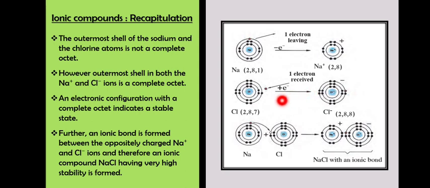See here, 1, 2, 3, 4, 5, 6, 7. So here 1 electron is missing. So 1 electron will be received by the chlorine atom and it will become Cl minus. Why minus? Because 1 electron is added and an electron has negative charge. That is why Cl has been given a negative charge here. Followed, students? Because of the force of attraction between these two ions, it leads to the formation of an ionic bond. Followed?